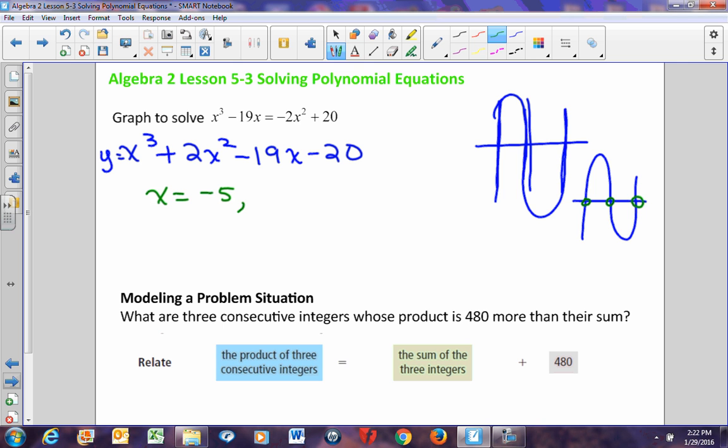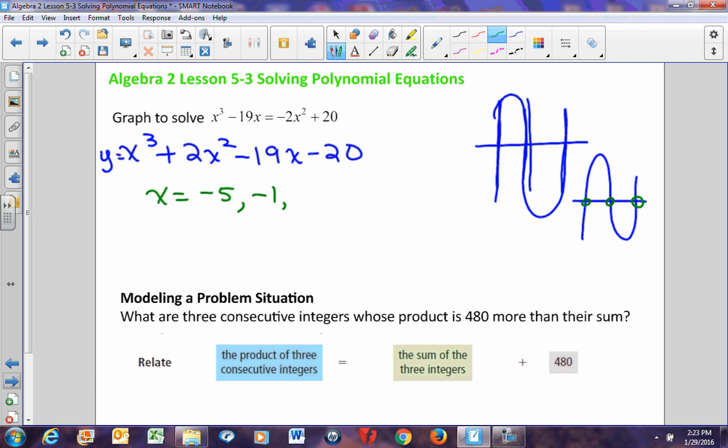My next 0, if I find that, remember you're just going to go to Menu, Analyze Graph again. I'm just going to do this 3 times for every place where it looks like it's intersecting. And you're going to find the second one is at -1.